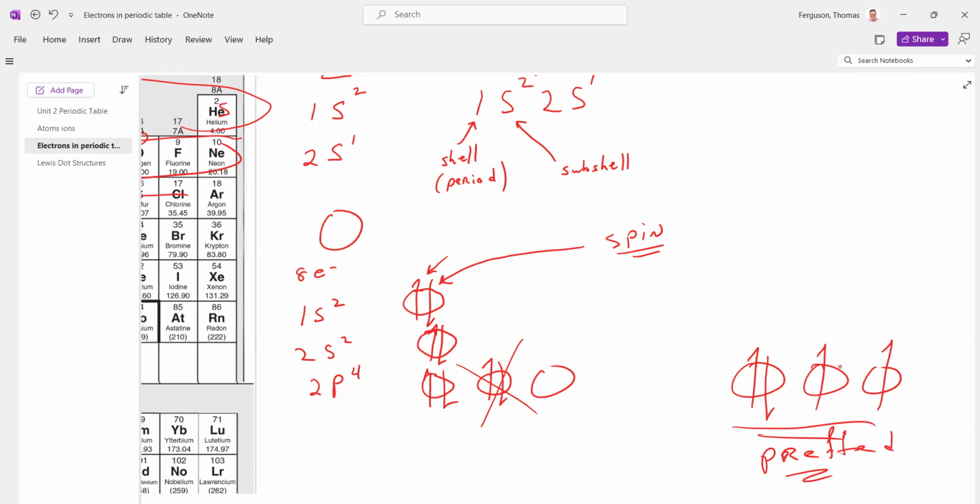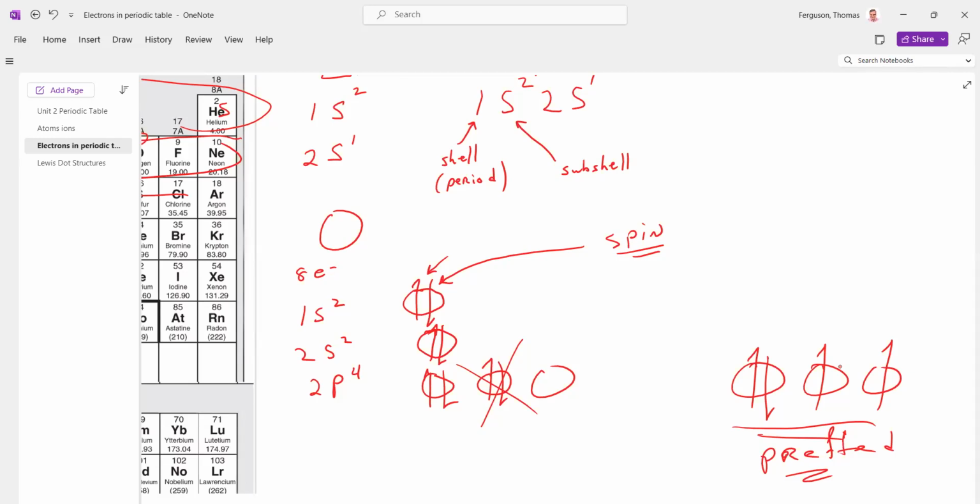Now, your book goes into more detail than this, but the main thing I want you to feel comfortable with is getting down to this level here, drawing in the orbitals and filling in with the appropriate number of electrons and being able to write out an electronic configuration.